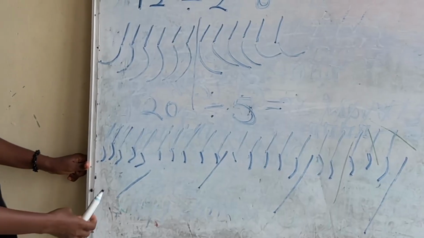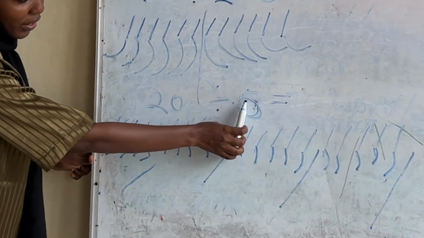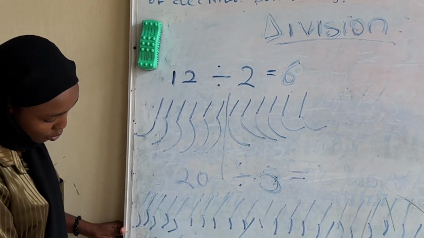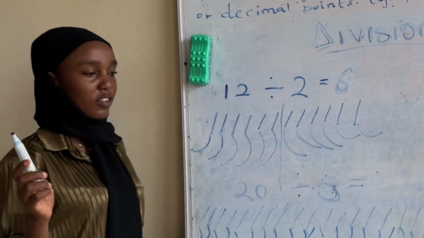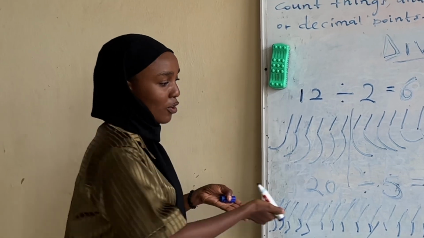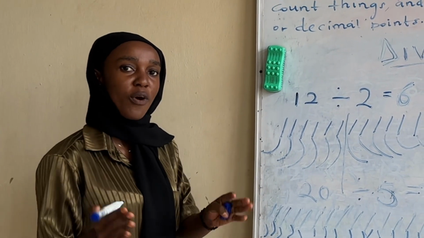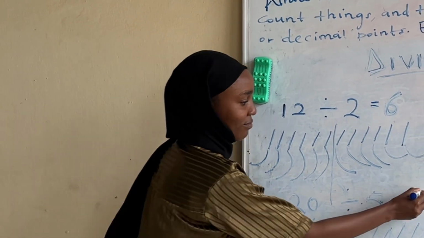So are you seeing that 20 divided by 5 is giving you 4? So each person is getting equal strokes. So 4 people are in the class.